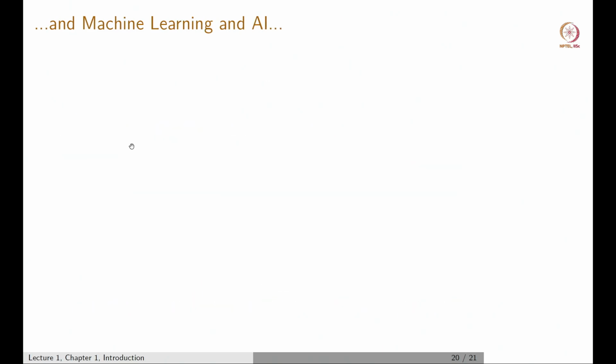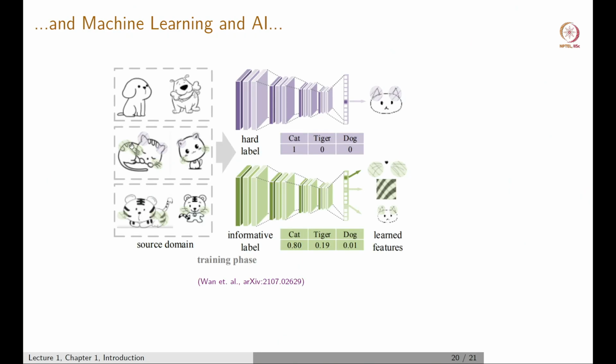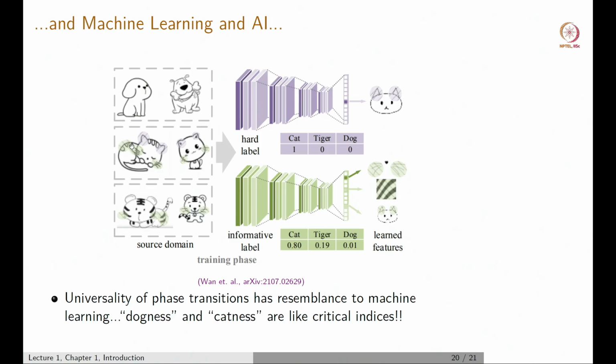And even machine learning and artificial intelligence, which is also very hot these days, has connections to phases and phase transitions. For example, I am showing you here a network that can classify pictures into dogs and cats. This is deeply related to universality.